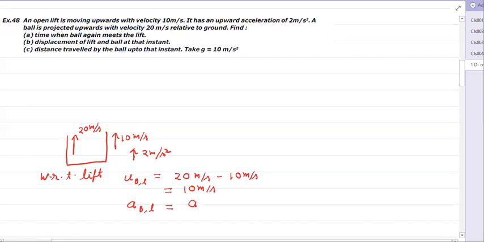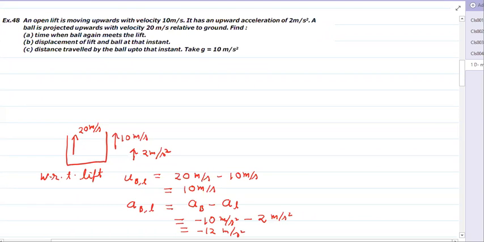Acceleration of ball minus acceleration of lift. Acceleration of ball is minus 10 meter per second square and acceleration of lift is 2 meter per second square upward. If we subtract, we get minus 12 meter per second square.